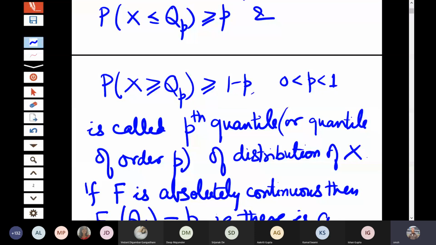Then this is called the pth quantile, or quantile of order P, of the distribution of X. This is the definition of a quantile.